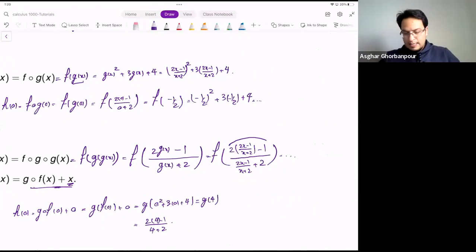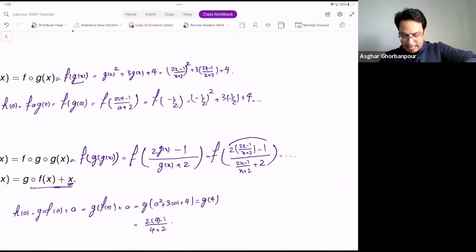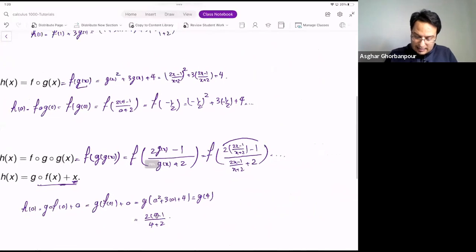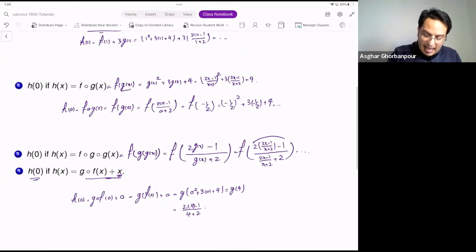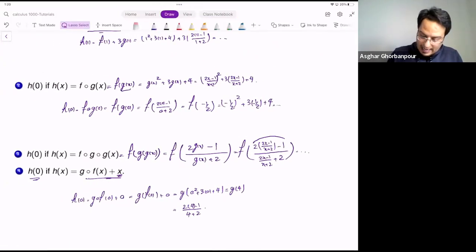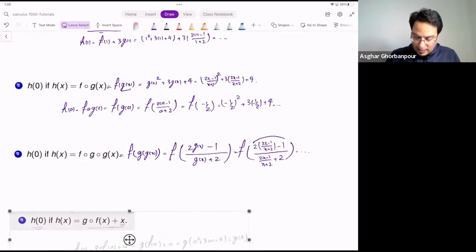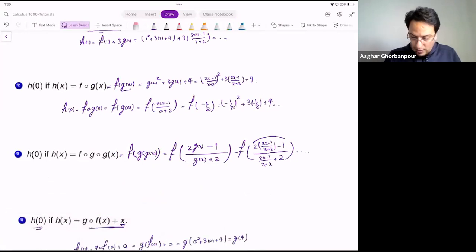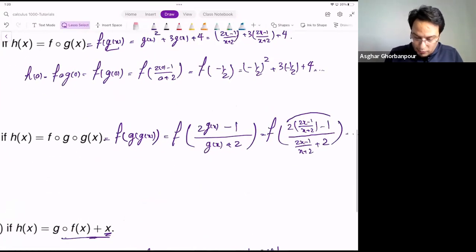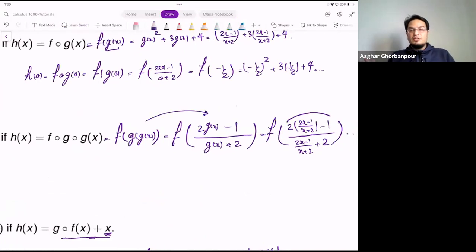You see here, I have not yet applied f. What I mean by that is that while going from this to that, I haven't used the formula for f. I could have gone the other way.